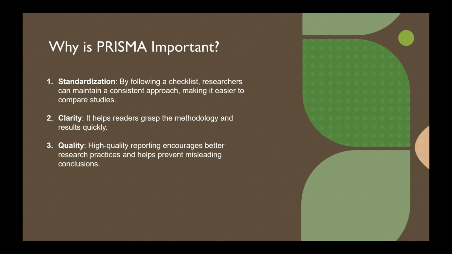So high quality reporting is very important in a systematic review. It encourages better research practice and plays an important role in preventing misleading conclusions. When we follow these guidelines, we can enhance the credibility and reliability of our findings, ultimately benefiting both the research community and the broader field of healthcare.